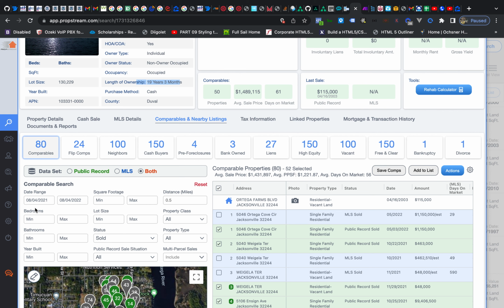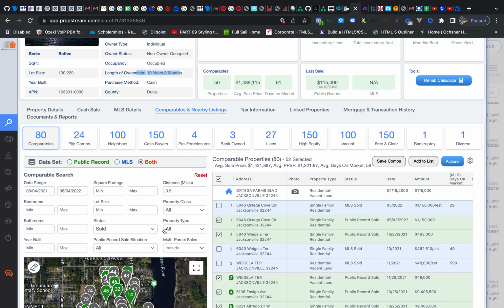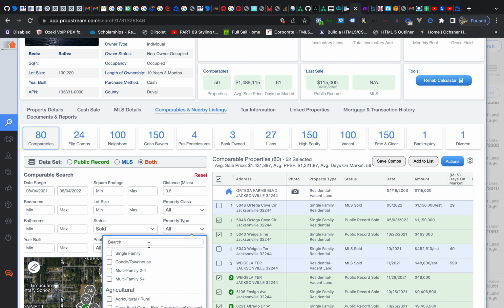So what we'll do for comparables, for a lot, let's see here, property type sold, residential. Residential lands.